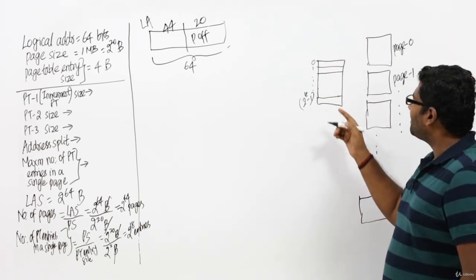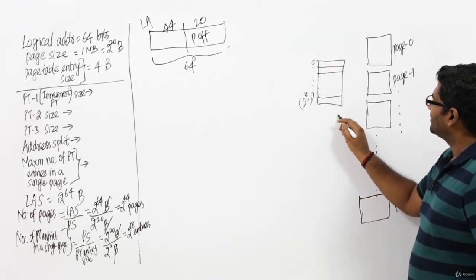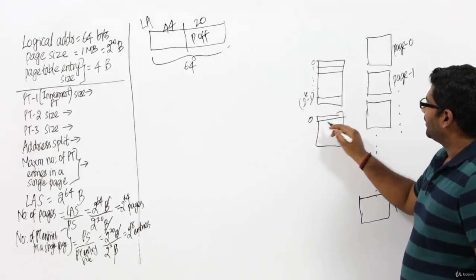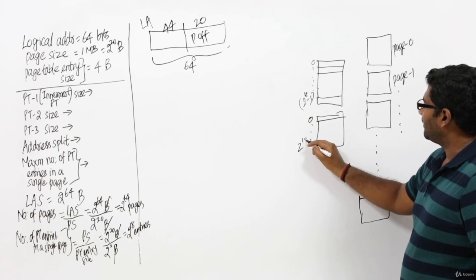Fine. So how many pages do I need to create? See, the next page will also have 2 power 18 entries. Fine.